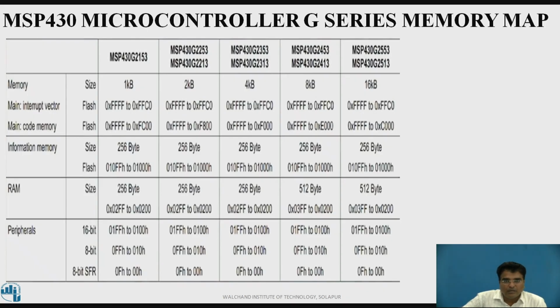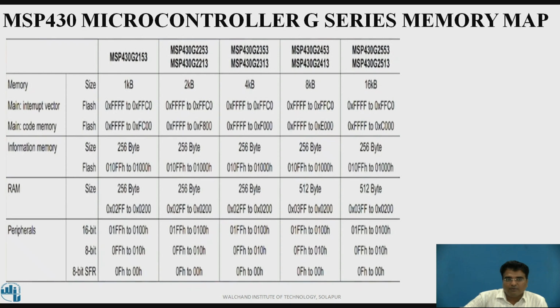RAM size is 512 bytes for the MSP 430 G2553, and its range is from 003FFh to 0200h. The peripherals with 16-bit size have the address range 01FFh to 0100h, the 8-bit peripherals have 0FFh to 010h, and the 8-bit SFR has 0Fh to 00h.